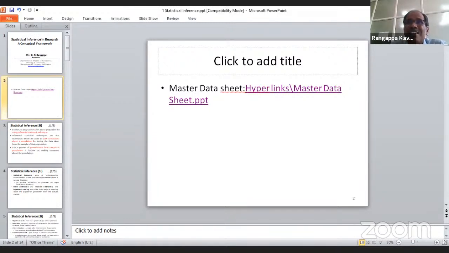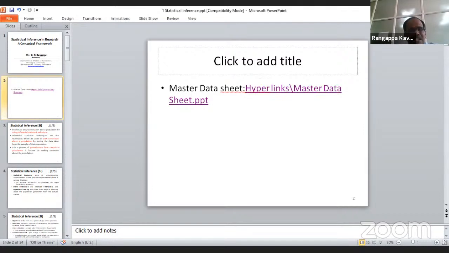If you say, by looking at you, your weight may be 70 kg, you are making a point estimation, a single value. If you say your weight will be somewhere between 65 to 75 kg, it is an interval estimation. This is the difference between point estimation and interval estimation.